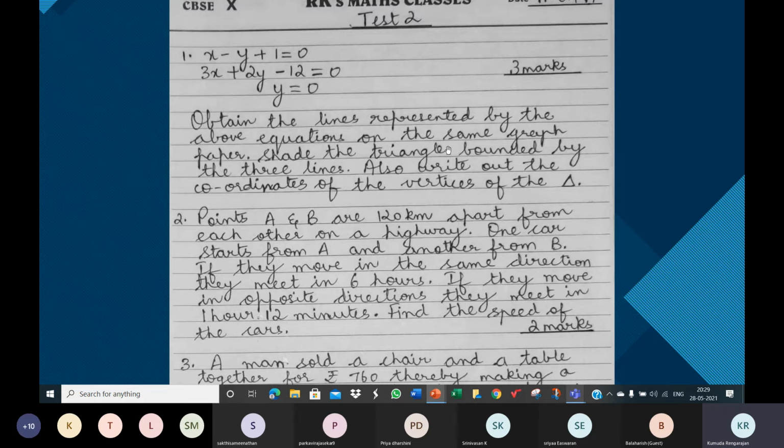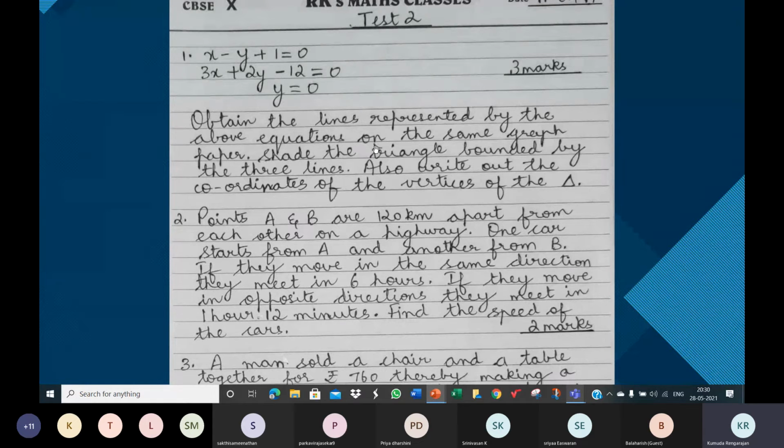Shakti, you missed this information. See here, on the same graph paper. I think you've made the lines on different graph papers. You need to make the graph on the same XY axis, same graph paper.